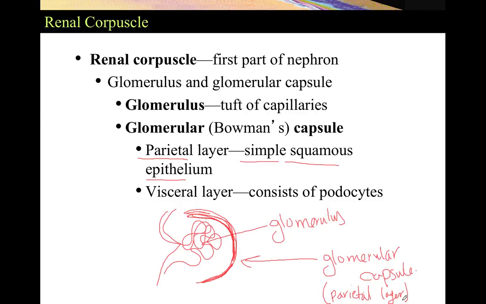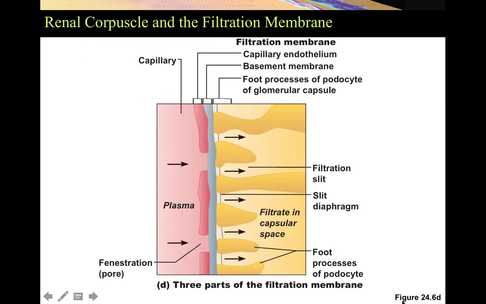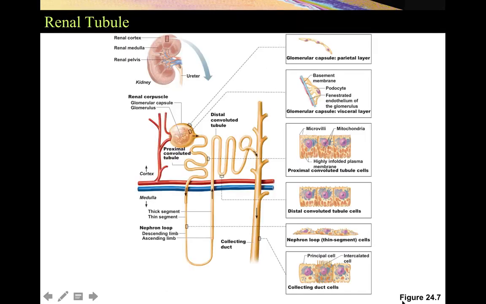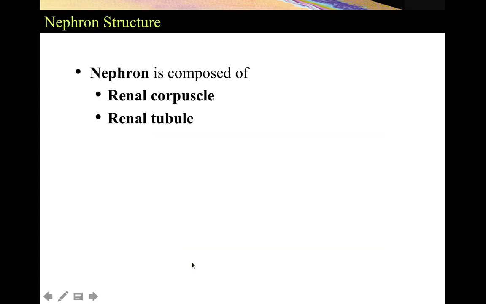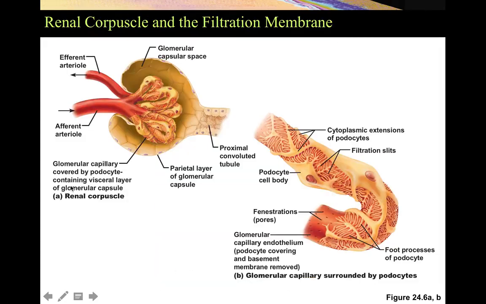So where is the visceral layer? The visceral layer is shown right here. Sorry, let me go back here. If you look at this, again, this is your Bowman, this is your renal corpuscle. You see that you have the Bowman capsule or the glomerular capsule. The layer you see right here, it's single cells and these are flattened cells. So this would be what?